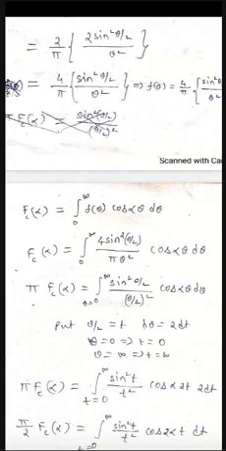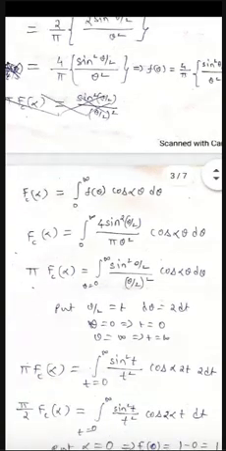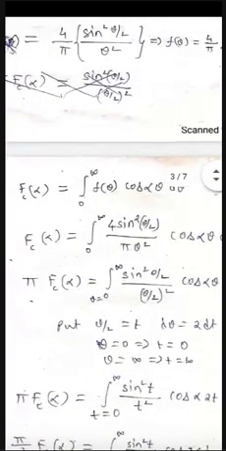Now just observe here, 1 by pi is there. By cross multiplication I can write pi times Fc of alpha, that means pi into Fc of alpha, is equal to integral of sine square theta by 2 divided by theta square, because pi comes to the left side, right?